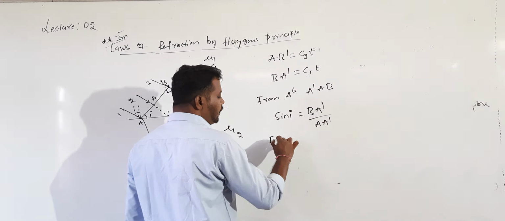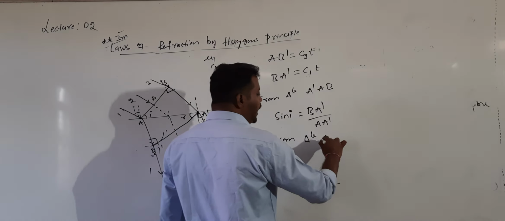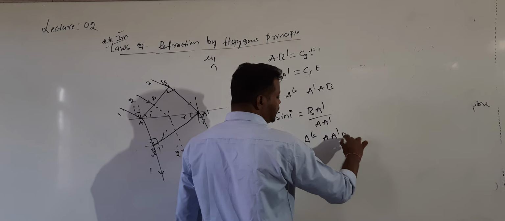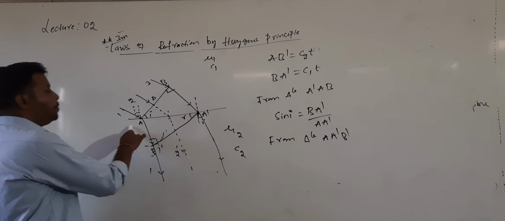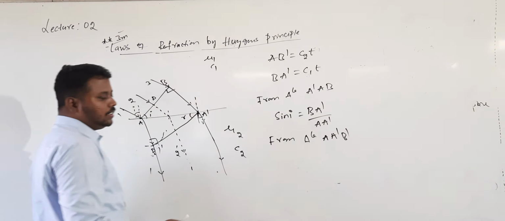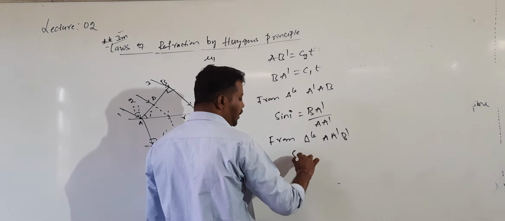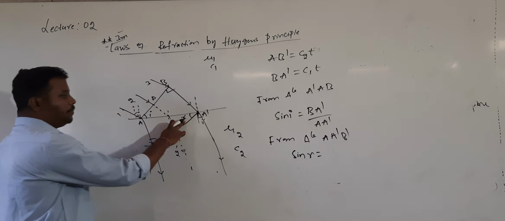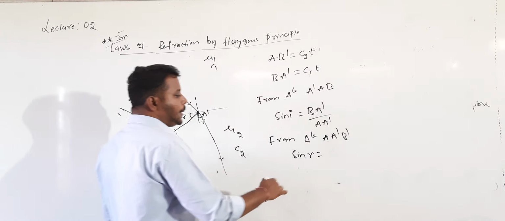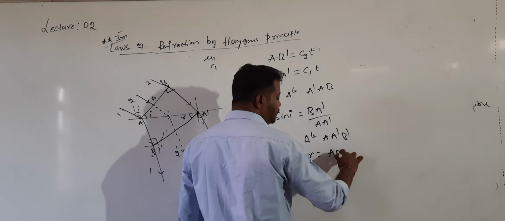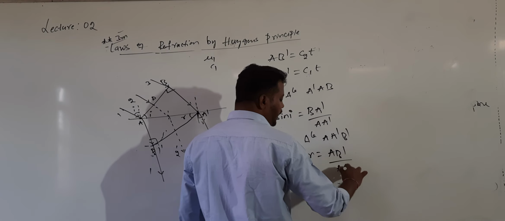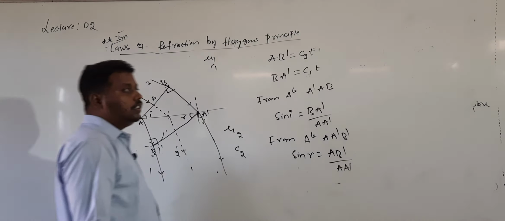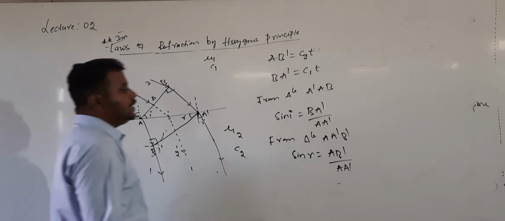Similarly, this time I will consider the triangle A dash B dash A. It is also a right angle triangle. From this triangle, what is the value of sin r? Sin r is given by A B dash divided by the hypotenuse A dash A. So I got the values of sin i and sin r.